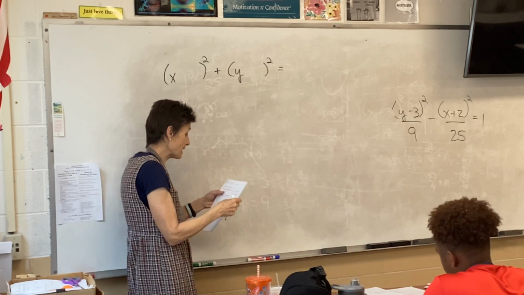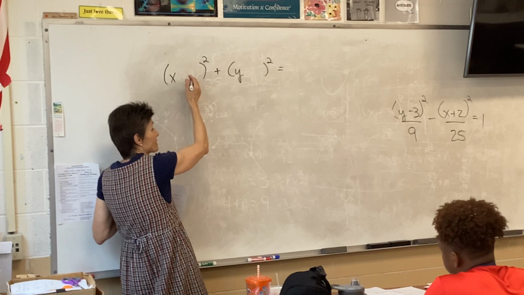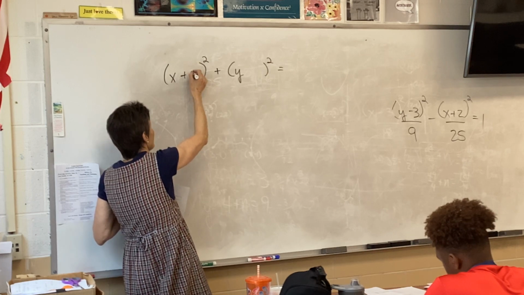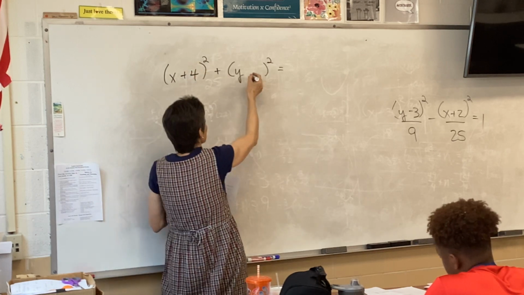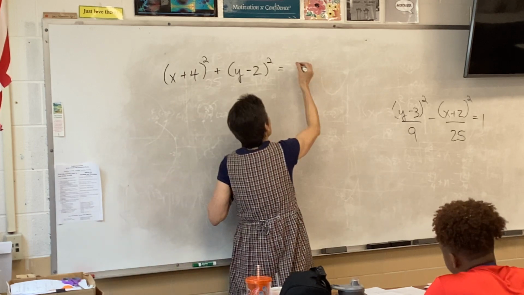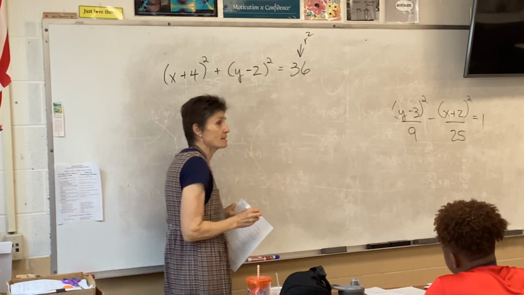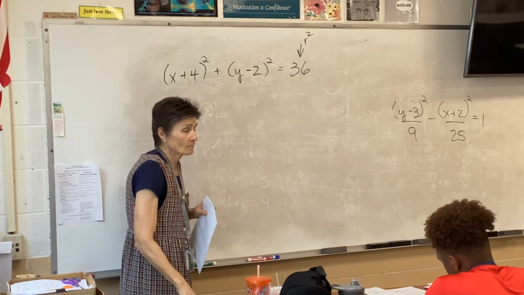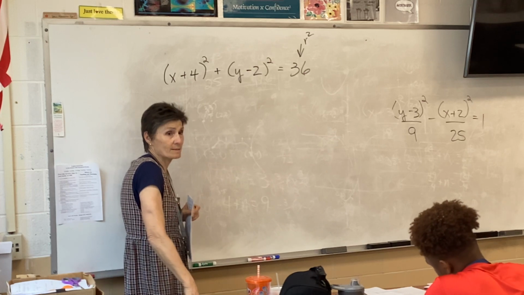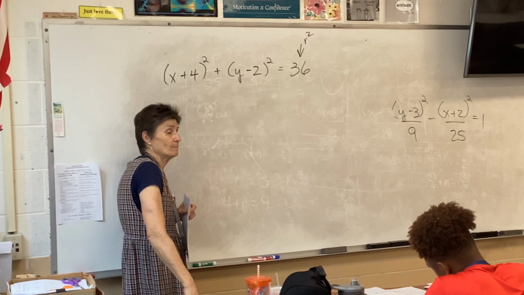Now, if the center is -4, 2, then this is going to be x plus 4, y minus 2, and then what's this number? 36. Yes! In the equation, the number is r squared. Some of you missed that on your quiz. In the equation, the number is r squared.